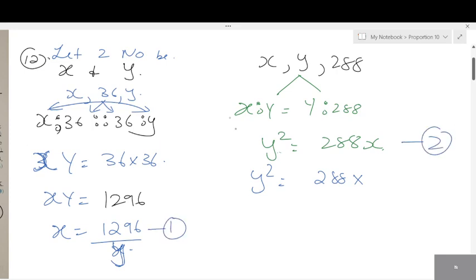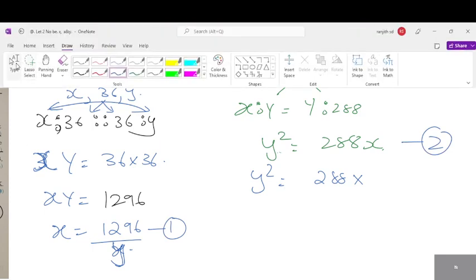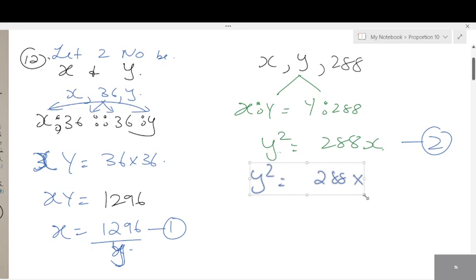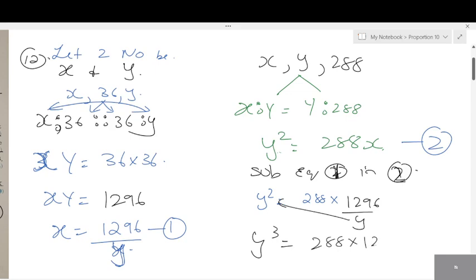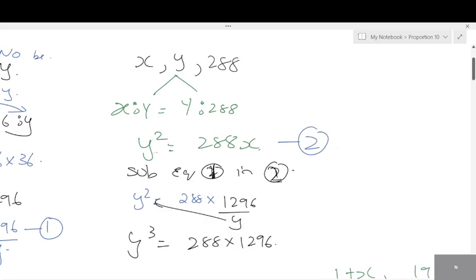After this, you can write substitute equation 1 in 2. You will get this multiplied by y. You get y cube is equal to 288 into 1296. You have to find the cube root of this, 288 into 1296.